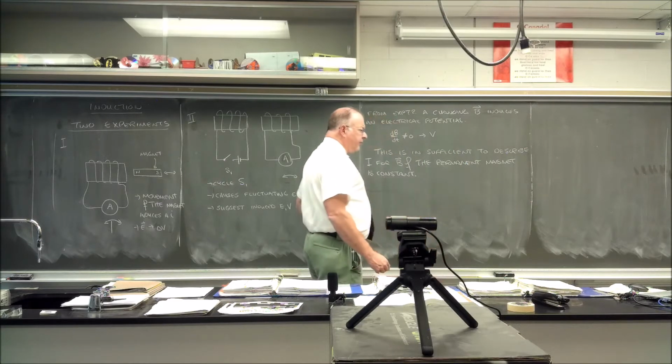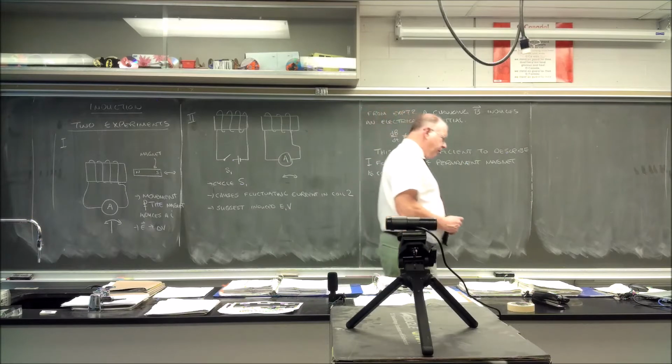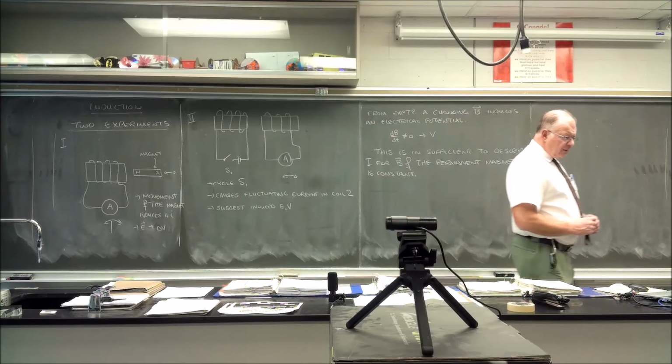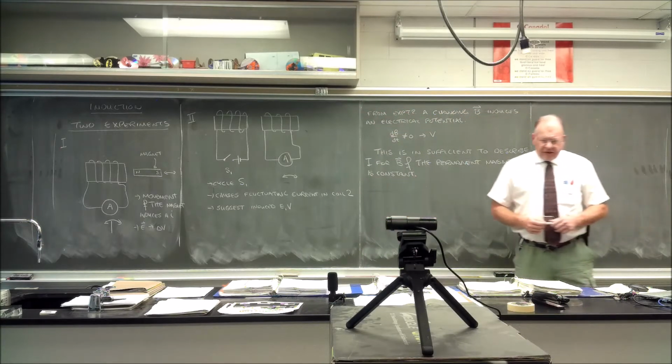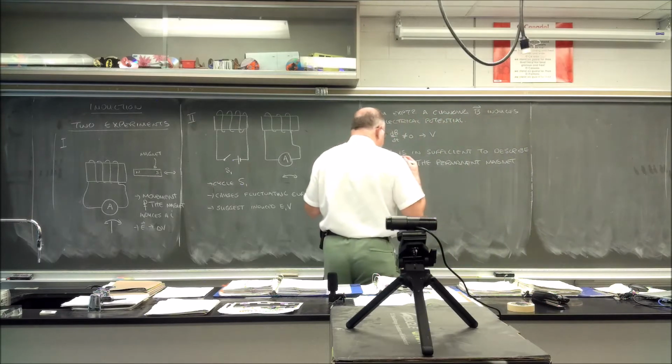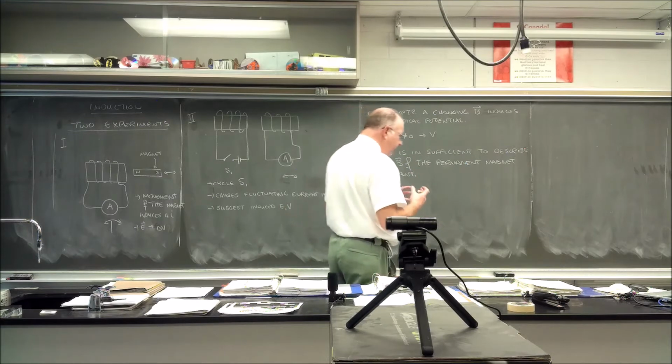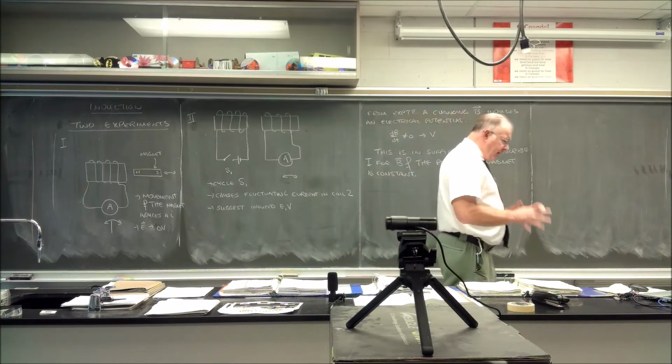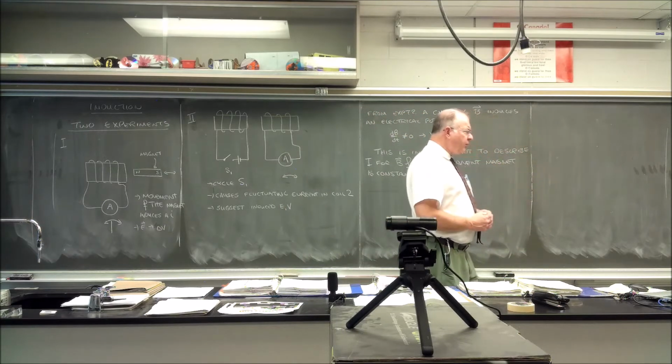And so what we have to consider is the same thing we considered back with Gauss's law, and that is the concept of flux, because it isn't the magnetic field per se, it is how much of the magnetic field is passing through the area of the coil.